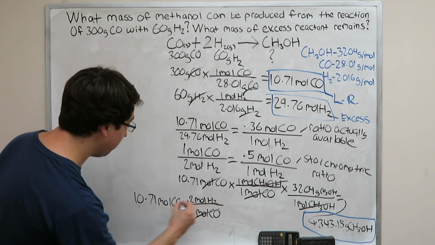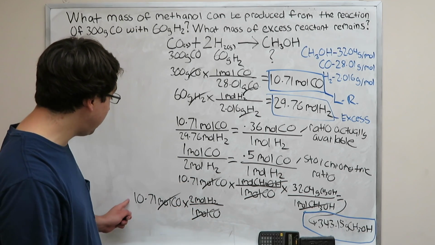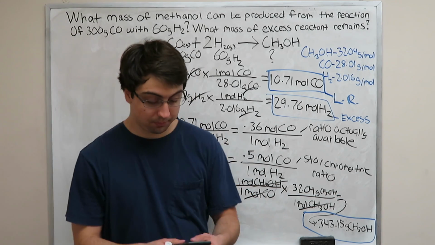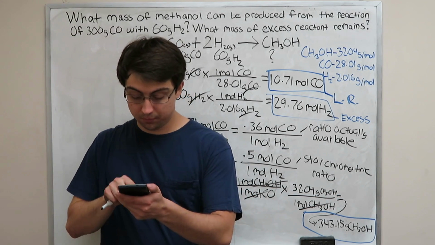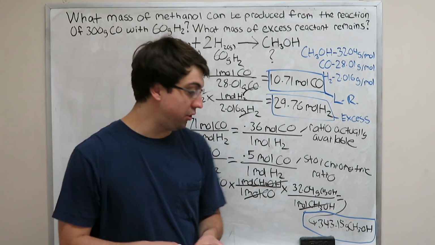You can see that the moles of CO will cancel out, leaving us some moles of hydrogen. And we just take the 10.71 and multiply it by 2. And I got 21.42.